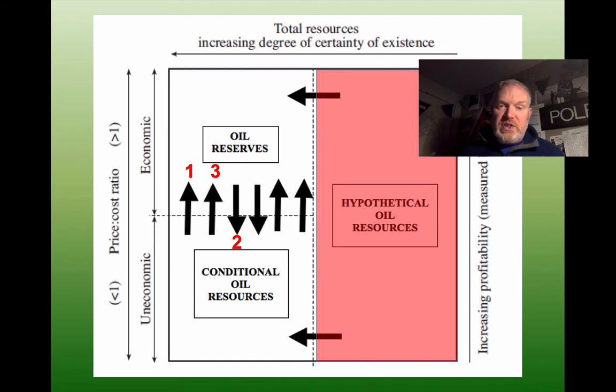So if we increase the amount of oil for the same cost of getting it out, that will reduce the cost, if you like, per barrel, and it becomes more profitable. So it could move something from a conditional resource, one that we know about, for example, and can't get out, to becoming an oil reserve that it is worth getting out.